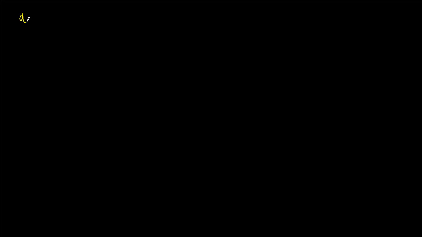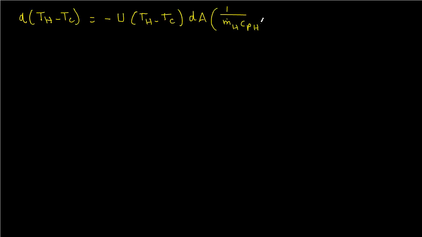So we have d of TH minus TC equals minus U times TH minus TC times dA, and in parentheses 1 over m dot h cph plus 1 over m dot c cpc.